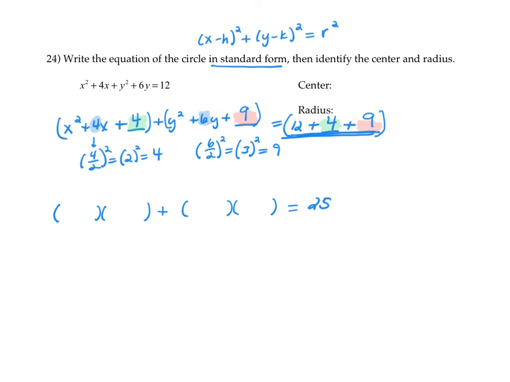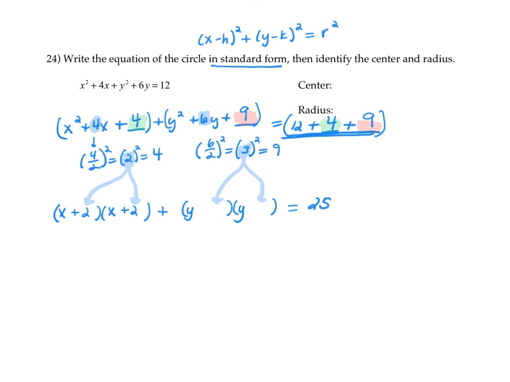Okay, factoring the x's, start each set of parentheses off with an x, and then remember my tip. If you look at this number right before you squared it, that's what's going to go into each set of parentheses. It's a positive 2, so I'm going to write plus 2 in both. If you look at your y's, start each off with a y, and then whatever this number is, you're going to put that into each set of parentheses.